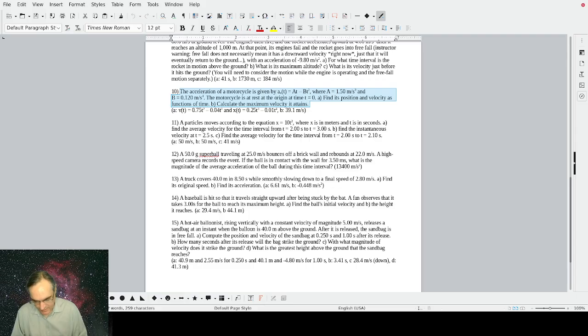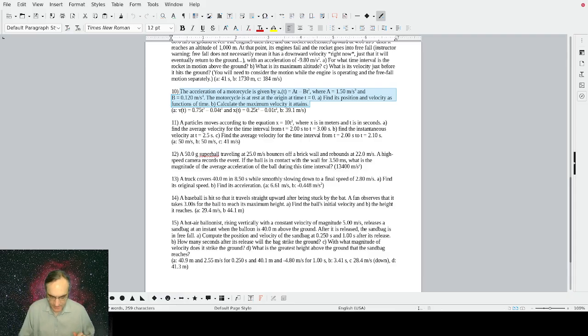Ax as a function of t is a t minus bt squared, where a is 1.50 meters per second cubed, b is 0.120 meters per second to the fourth. We also get that x at t equals 0 is 0, and v at t equals 0 is 0.